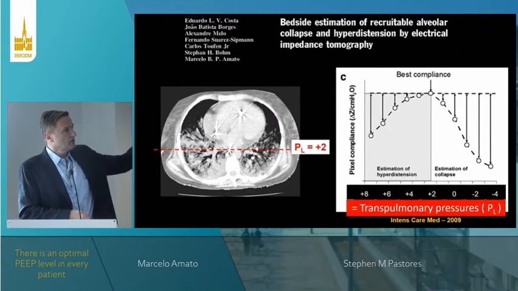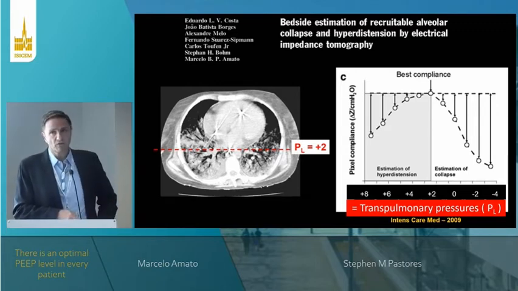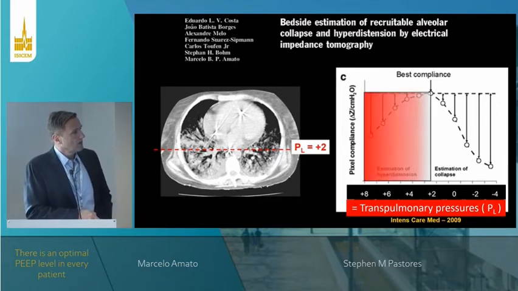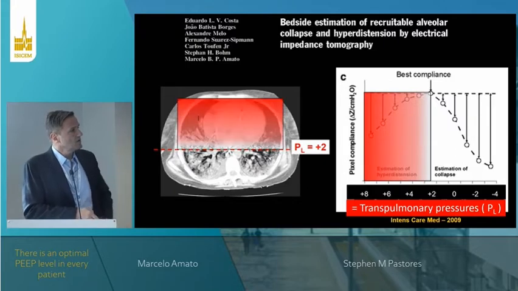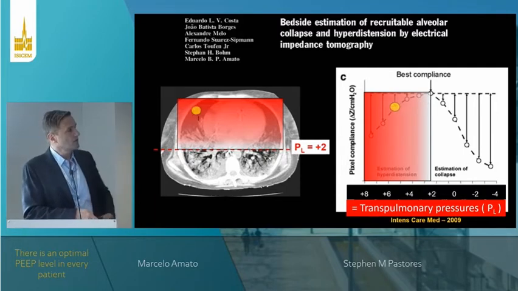So if you look at a CT and you think about this curve, and let's suppose that this is the esophageal pressure that you're measuring, and you're setting your PEEP at a transpulmonary pressure of +2, this means that all these red zones are going to be above this transpulmonary pressure. So the yellow dot is going to be here.